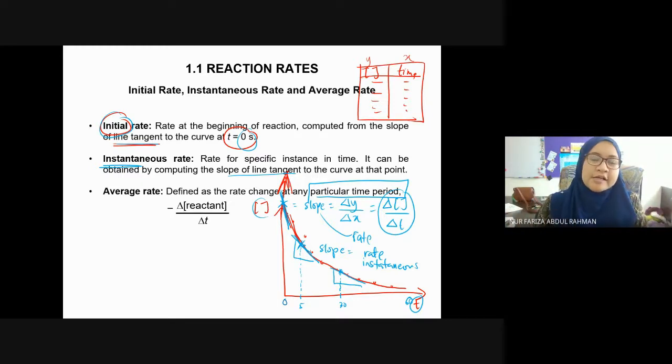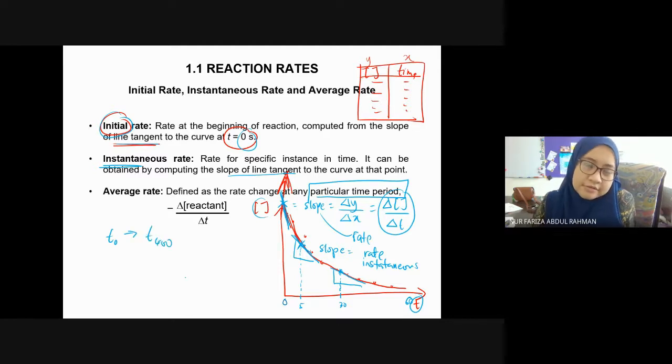Okay, alright. So contohnya, kalau soalan tanya, calculate the average rate at 400 second. Maksudnya t is equal to 0 until t is equal to 400. This is the duration. Maksudnya t is equal to 0 sampai 400.